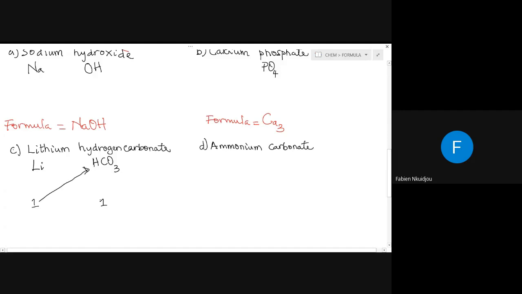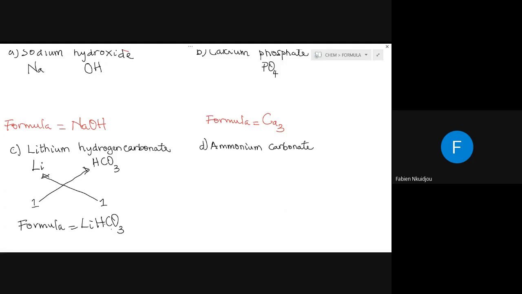Interchange the valencies and the formula for this. We have lithium hydrogen carbonate.